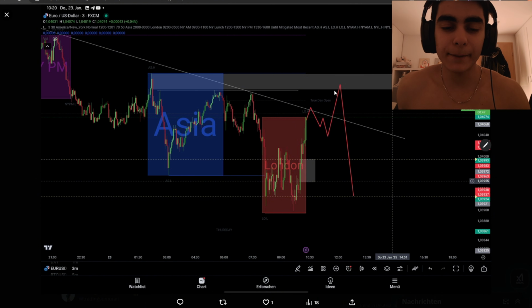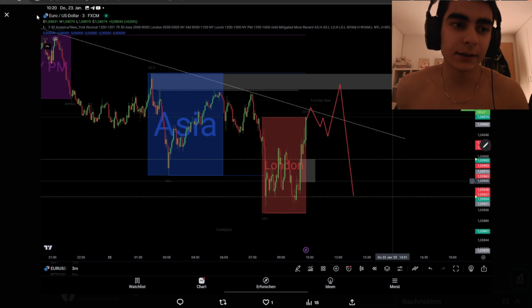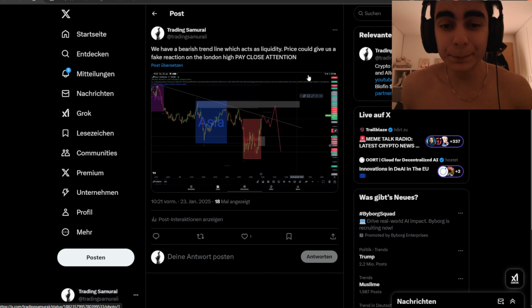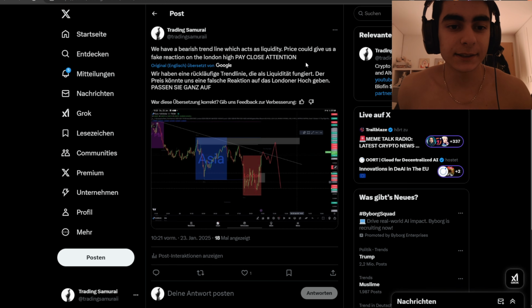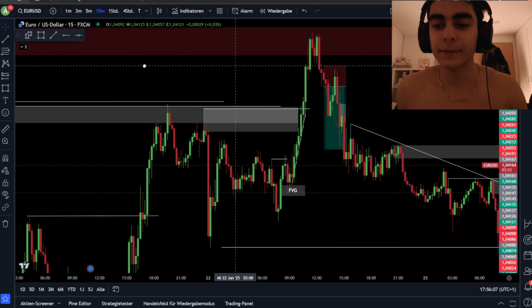So I thought, okay, maybe we could reject from the Asia session high, but Asia session highs also act as liquidity, so we could just sweep this as well. So I stated we have a bearish trend line which acts as liquidity. Price could give us a fake reaction on the London high. Pay close attention. And I called this fake reaction exactly.